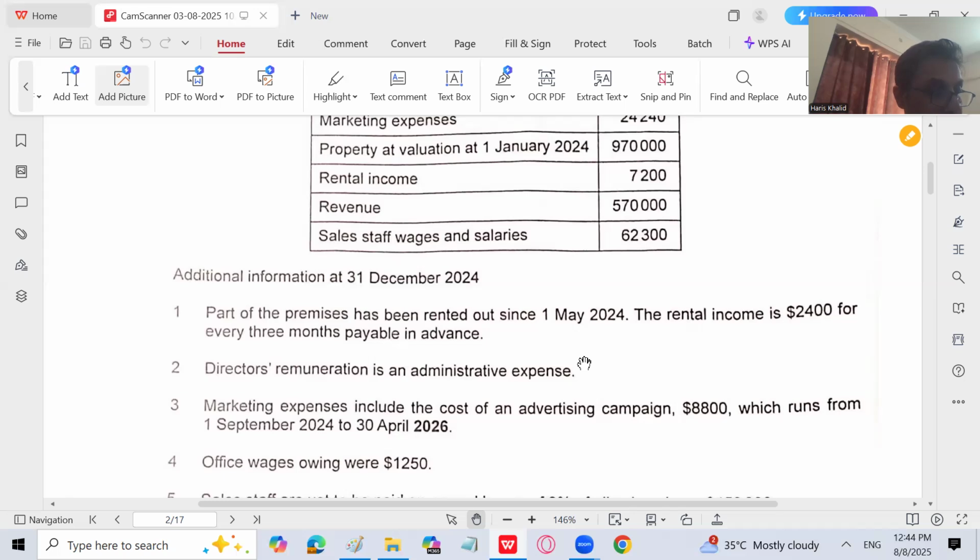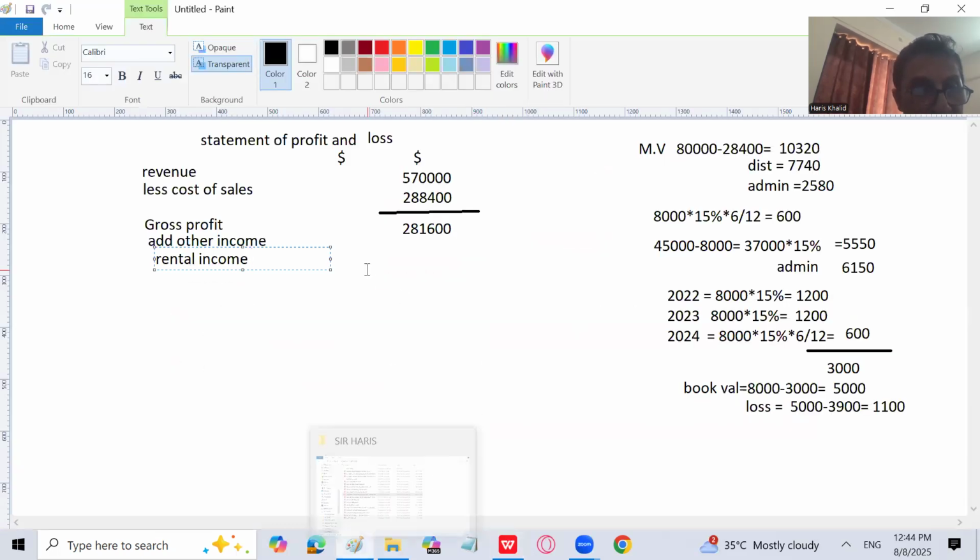And November, December, that is for 2 months, plus 1,600. So that is 6,400. This is another way of writing rental income. So I will write rental income here. Rental income is going to be 6,400.